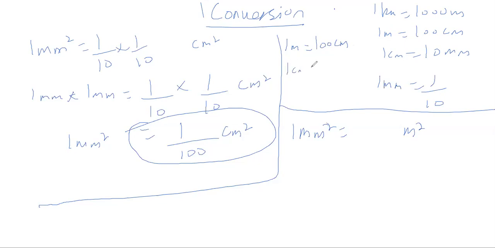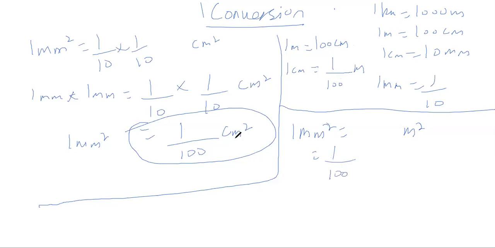And 1 centimeter is equal to 1 over 100 meters, right? Now you need to go from millimeter square to meter square. So first you need to go from 1 millimeter square to centimeter square. And from your previous example, you know that 1 millimeter square is equal to 1 over 100 centimeter square.